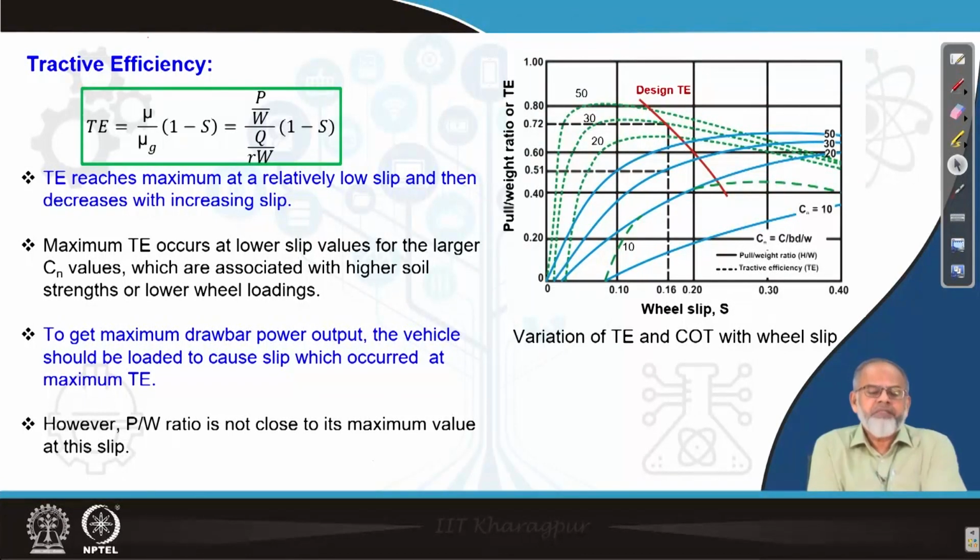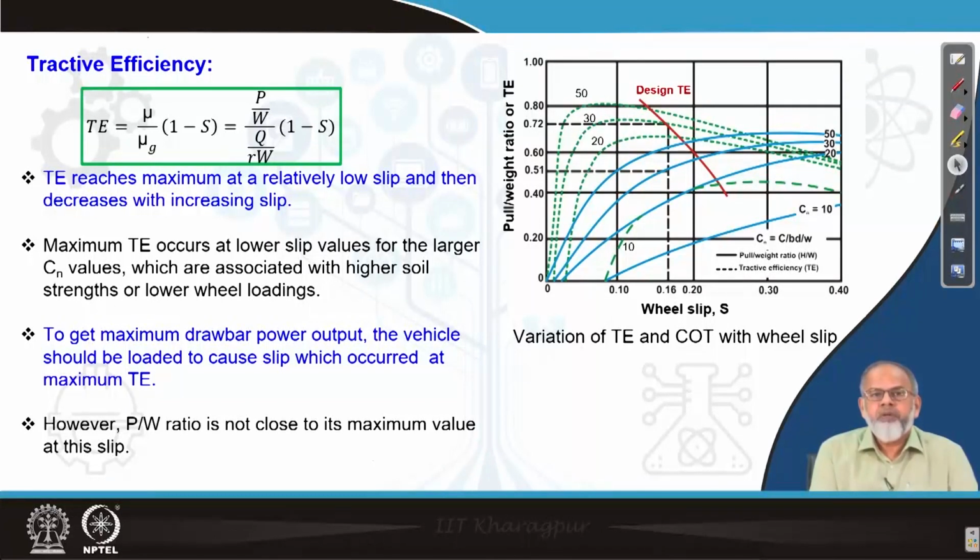Okay, so maximum tractive efficiency occurs at lower slip values for the larger CN values, which are associated with higher soil strengths. That means when CI is more, cone index is more, you will get better tractive efficiency. Or if wheel loading is less, then you will get better tractive efficiency.